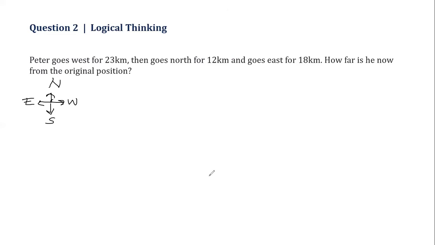Let's say this is the original position of Peter, so we'll label this big P. It says that Peter goes west for 23 kilometers, so we'll draw a long line, and this is 23 kilometers. And from here, he then goes north for 12 kilometers.